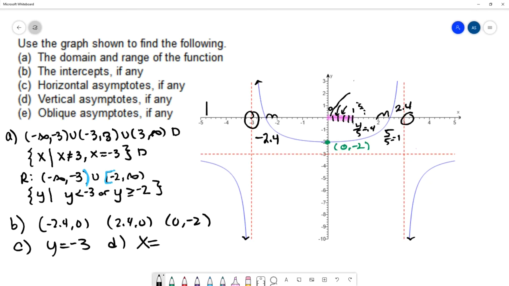And that's x equals 3, x equals -3. And for part E, asking about oblique asymptotes, an oblique asymptote would be a slanted line, and we don't have any slanted asymptotes here. So we have no oblique asymptote for this example.